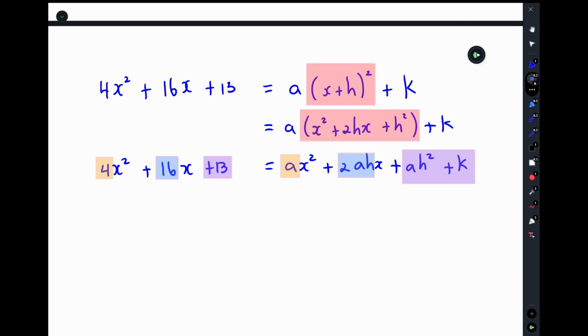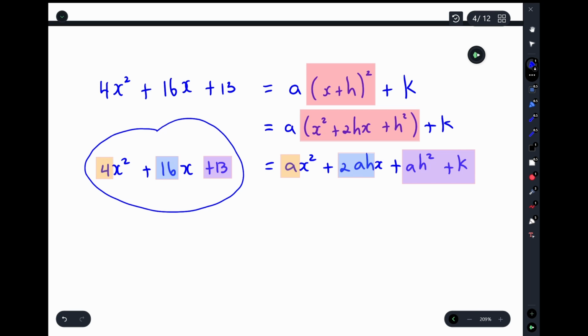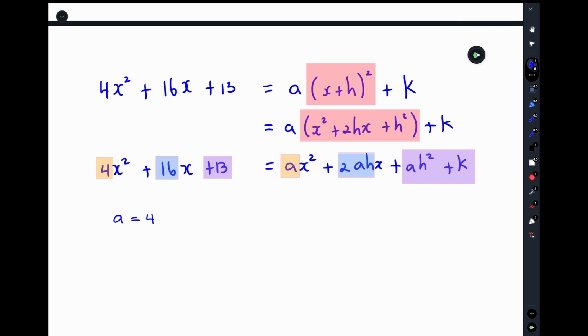We remind ourselves of the quadratic, and now what we do is equate terms. The coefficient of x squared is 4 on the left. The coefficient of x squared is a on the right. So a becomes 4. That is fairly simple. The coefficient of x on the right hand side is 2ah.